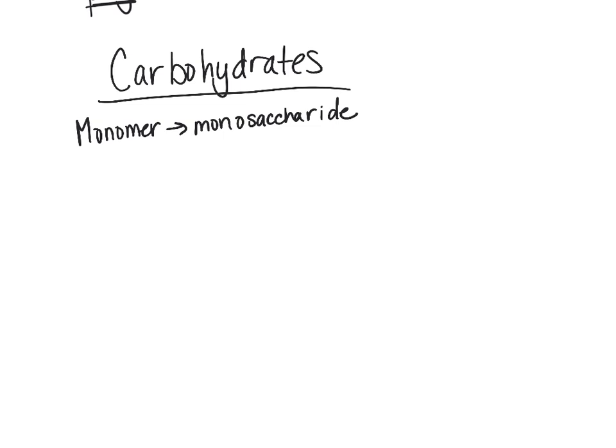So monosaccharide. Remember, mono means single or one, and so mono for singular and then saccharide for sugar. So our monosaccharide is a single sugar. And the one that we talk about the most is glucose. So a single glucose molecule would be a monosaccharide, single sugar.